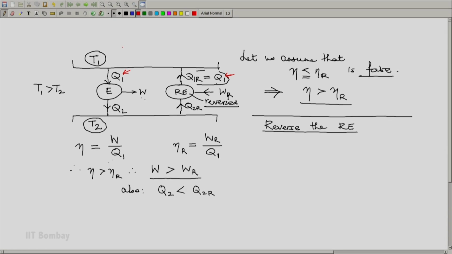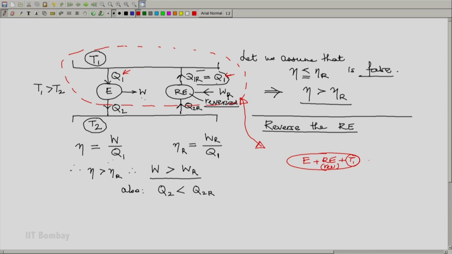And now let us consider a complete system which is made up of our engine E and the reversible engine in its reversed working mode. Now what is this? Notice that this is engine plus reversible engine reversed plus the reservoir at T1. What are its interactions?